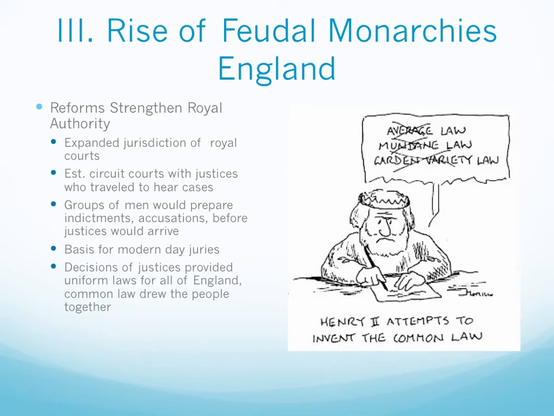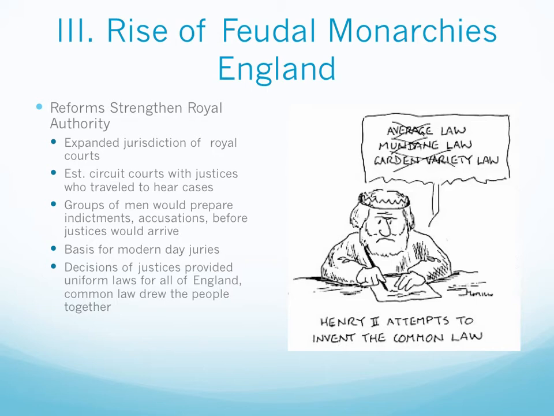He established circuit courts, and these were like traveling justices or traveling judges who would go around the country to hear cases. So groups of men would get together and they would prepare indictments or accusations, that's what an indictment is, before the justice would arrive, and then the justice would hear that case. And this is the basis for modern juries, these groups of men that would get together to prepare the accusations.